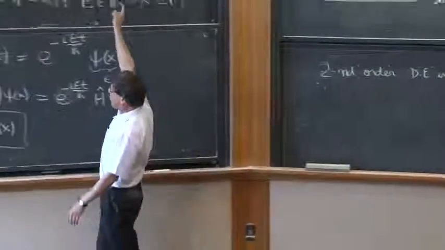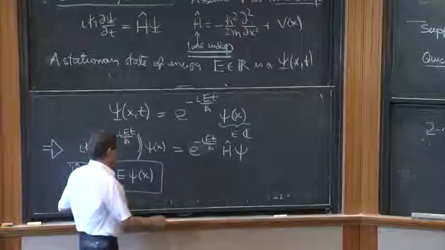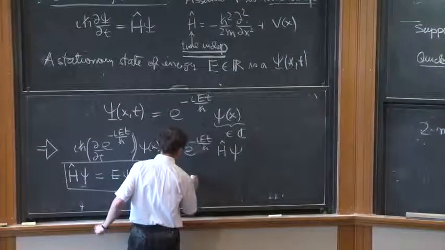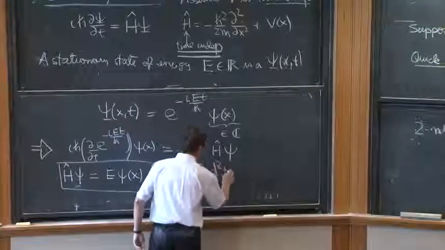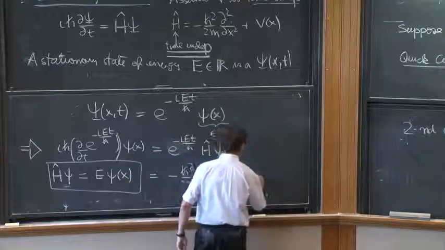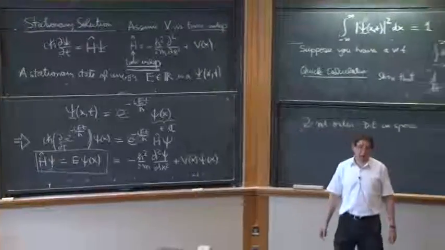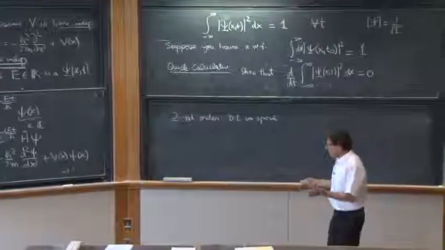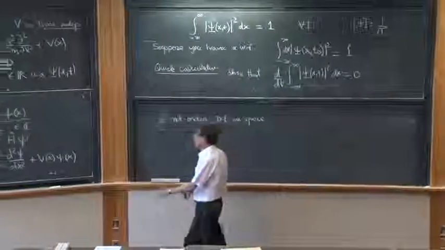The H operator has partial derivatives, but this time, you might as well say that this is minus h squared over 2m, d second psi dx squared, plus V of x times psi of x. Because psi only depends on x, we might as well write it as a complete derivative. So, a second-order differential equation.